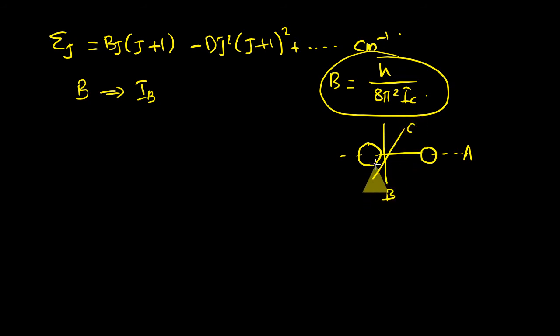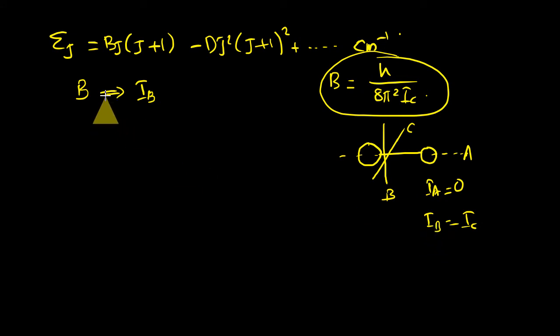Therefore here also IA is equal to 0. In the case of diatomic linear molecule also, IA is equal to 0 and IB is equal to IC. Therefore, the I that we obtained there is also equal to IB or IC, but we didn't mention it there. That's all.